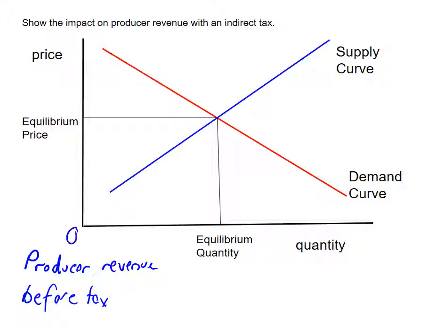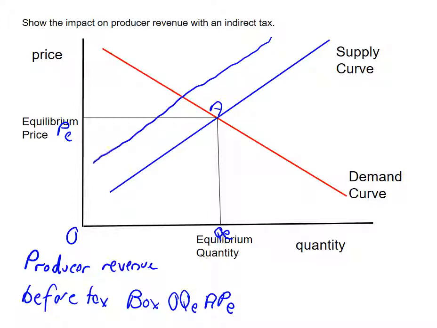If I call this O, and I call this QE, I'll call this A, and I'll call this PE, it would be the box O, QE, A, PE. Then once I've imposed a tax, so raising this by the amount of the tax, this is S with tax. I draw the tax box.